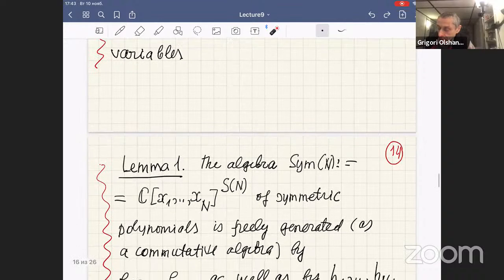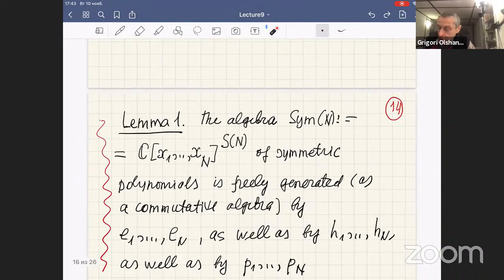So the first lemma is some necessary fact about symmetric polynomials.